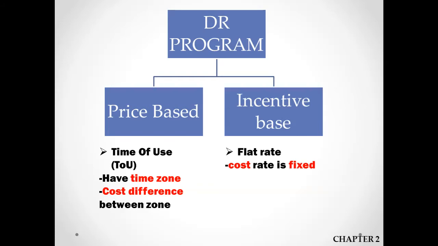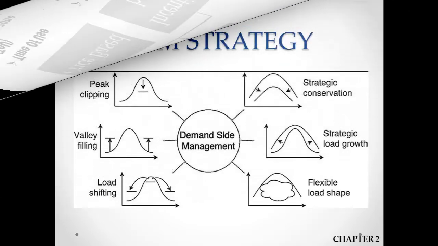Basically, the two main categories are price-based program and incentive-based program. There are many programs under these two categories, but I am focusing on TOU and flat tariff. The difference between these two programs is that TOU has two or more cost rates depending on its zone, while for the flat tariff the cost is constant.